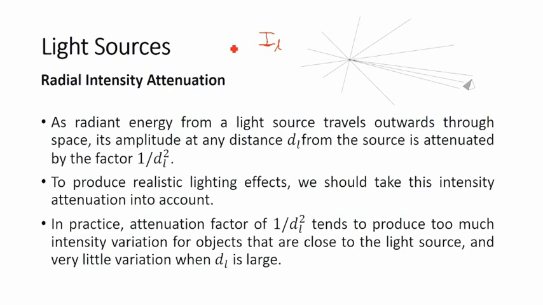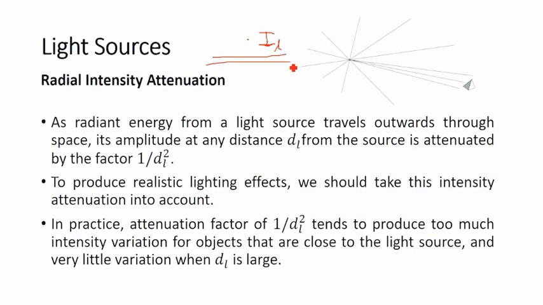Then in order to model the attenuation, we come up with something called the attenuation factor. Depending on this attenuation factor that we multiply with the intensity, we can model the incident light after the attenuation.